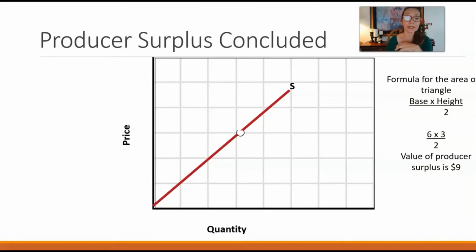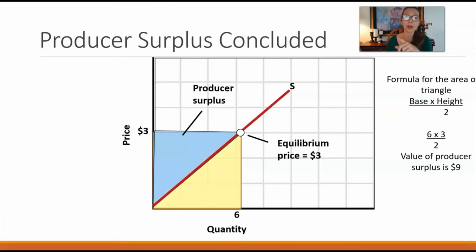We are going to do it in the same fashion that we solved for consumer surplus. Now, the equilibrium price is $3 and 6 units are being sold. So the firm is getting, in terms of revenue, sales from the consumer, 3 times 6, a total of $18.